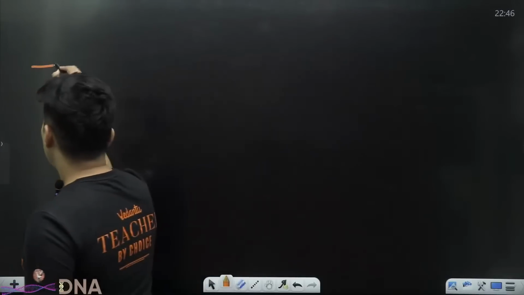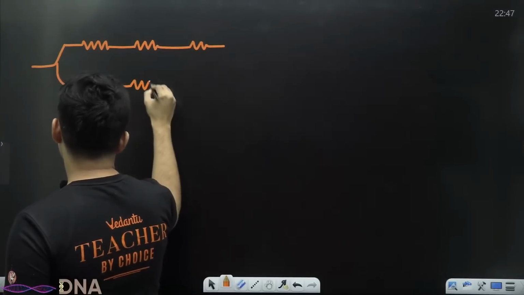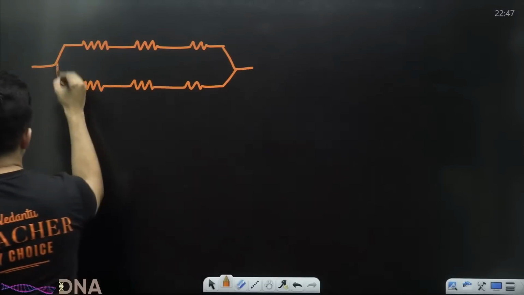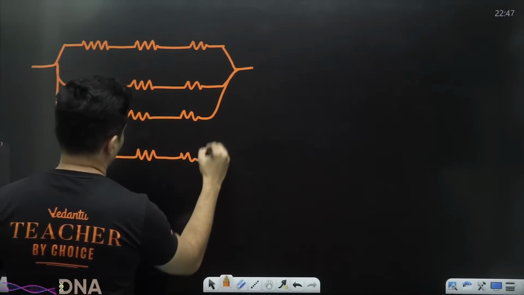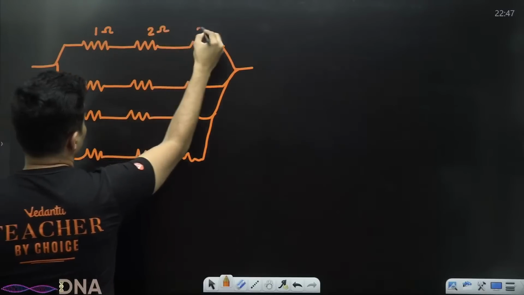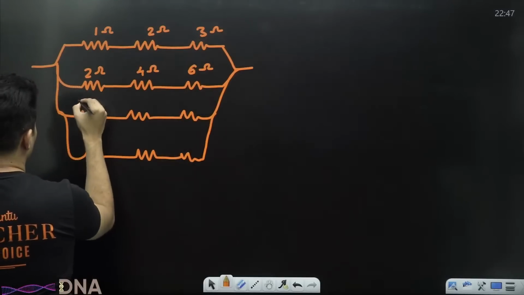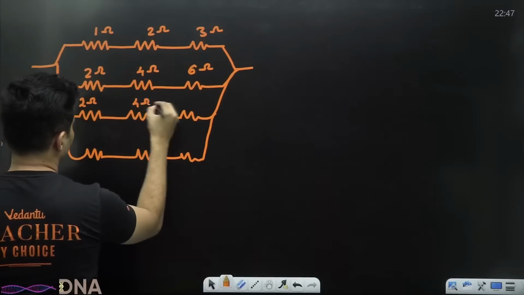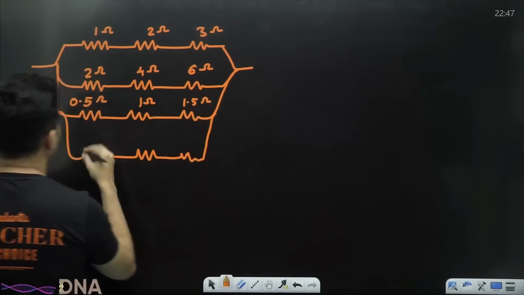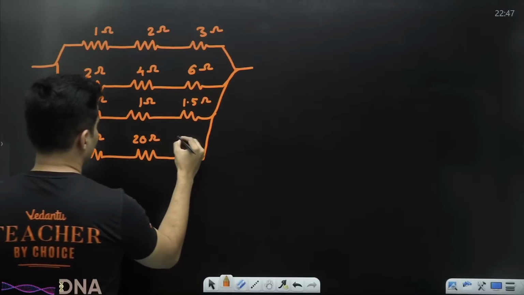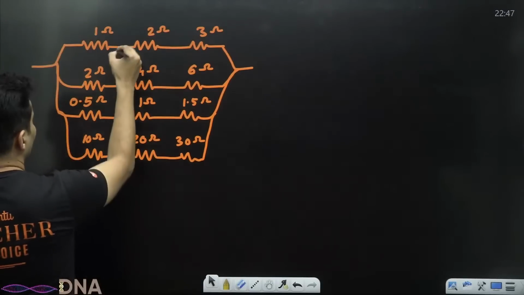By the way, this is even valid for even more resistors like this. Even more branches can be there, guys. This is 1 ohm, 2 ohms, 3 ohms, 2 ohms, 4 ohms, 6 ohms, 2 ohms, 4 ohms, 0.5 ohms, 1 ohm, 1.5 ohms, 10 ohms, 20 ohms, 30 ohms.